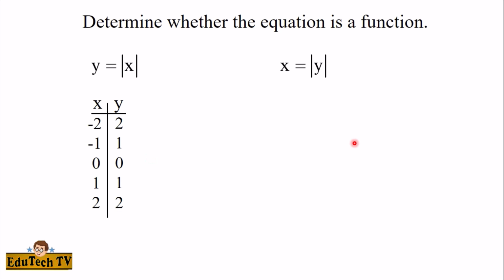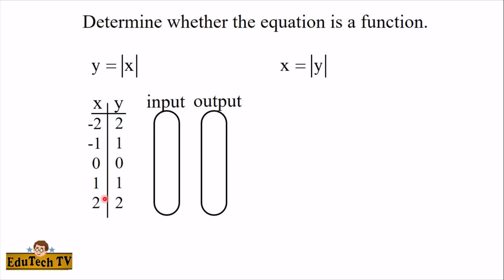Okay? Ngayon, i-transform natin ito into input and output. So, pag titignan natin yung input, walang naulit, so just copy. Okay? And then, titignan natin sa output, meron lang siyang tatlong numbers which are 2, 1, and 0. So, ilalagay natin 0, 1, and then 2.